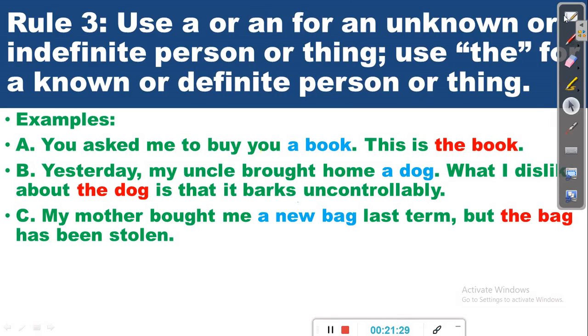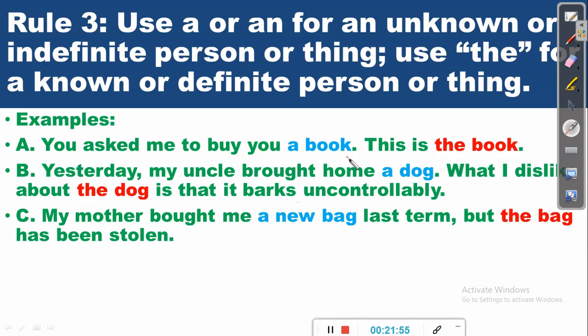All right? So that's the way it is. Now let's look at examples. A, you asked me to buy you a book, because this was unknown up till this moment.